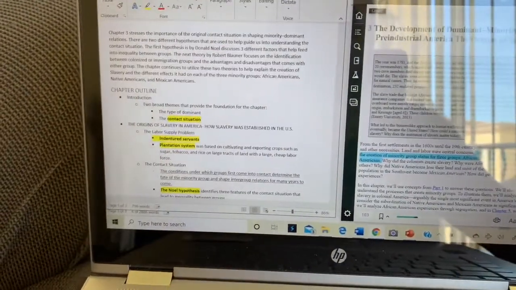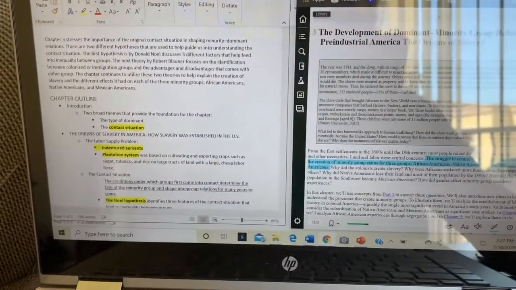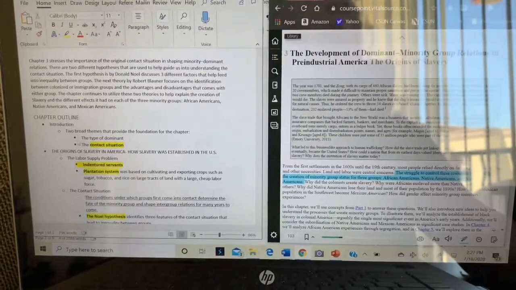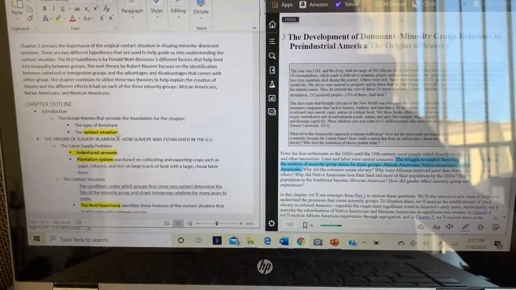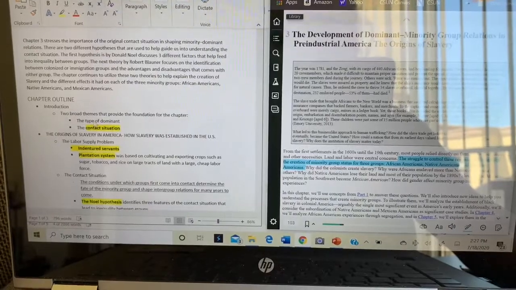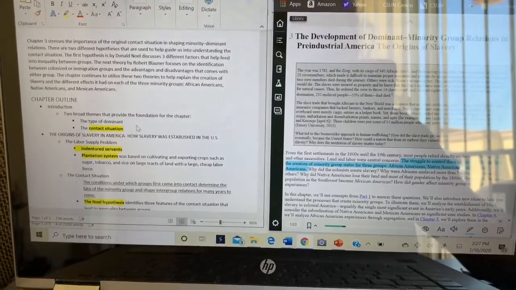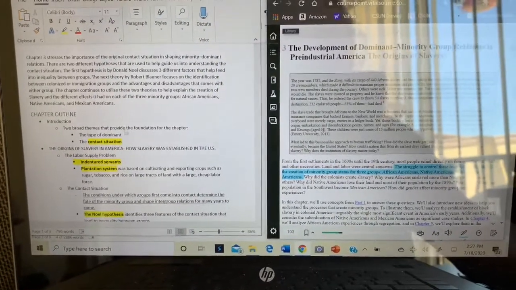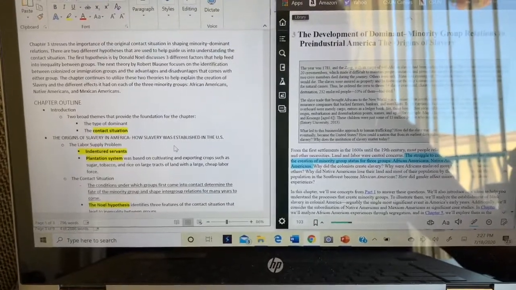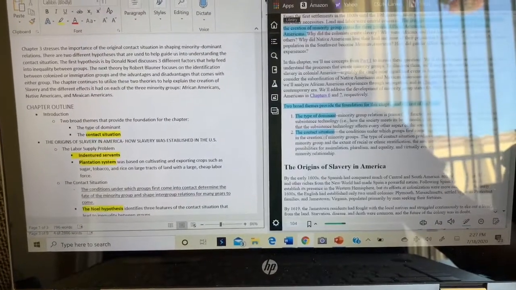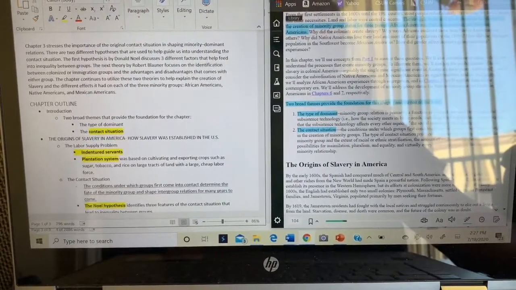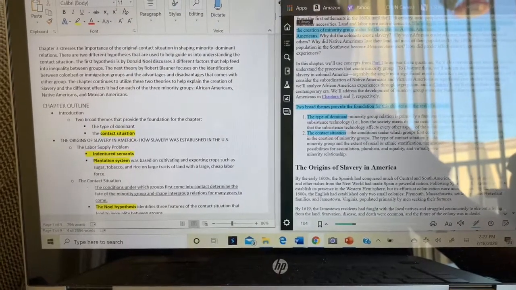So the first part of this chapter is just the introduction. It talks about what the chapter is going to be discussing: the type of dominant group and the contact situation. It defines the contact situation as the conditions under which groups first come together.